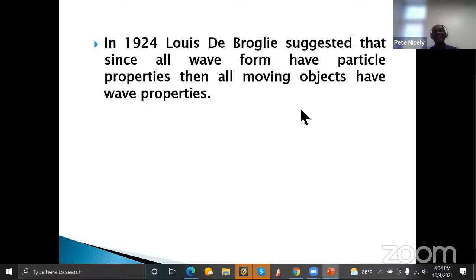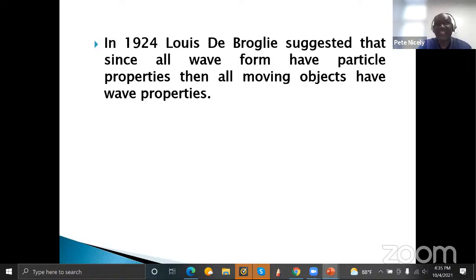Basically, because of the wave-particle duality of radiation, where we can explain the behavior of radiation as either wave-like or particle properties, then any object that is moving, no matter what it is, can have wave properties.